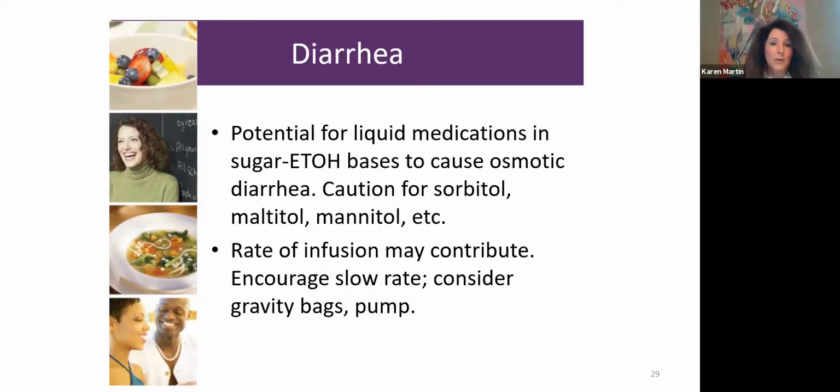And those are the products, the sugar alcohols, that are in those liquid medications that can cause that, like we talked about. Again, if the rate of infusion is too fast, then think about slowing that rate and using the gravity bags. And then sometimes we'll use a pump, maybe for night feeds or continuous feeds if our patients are not going out.